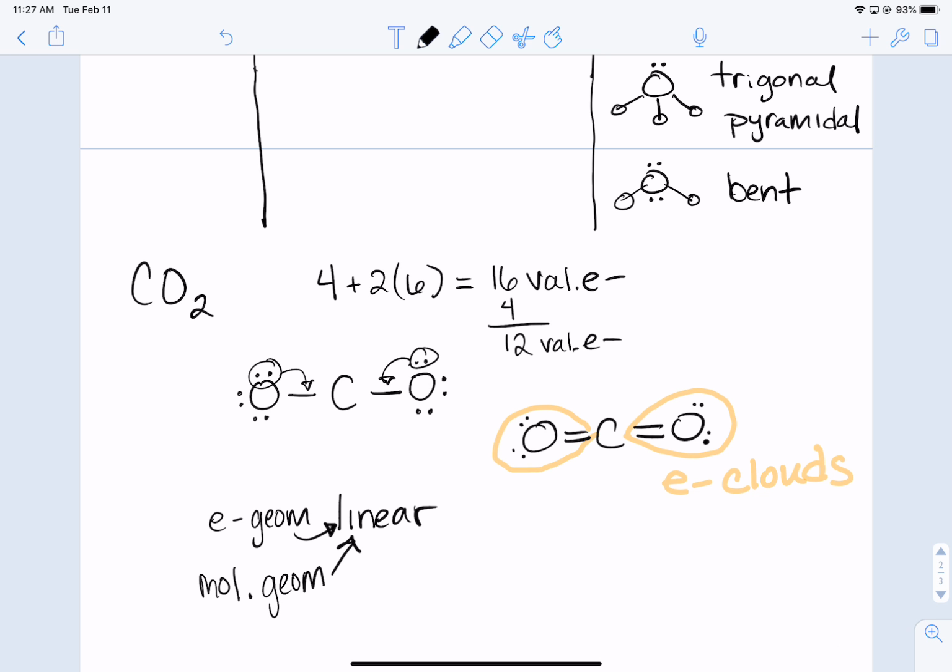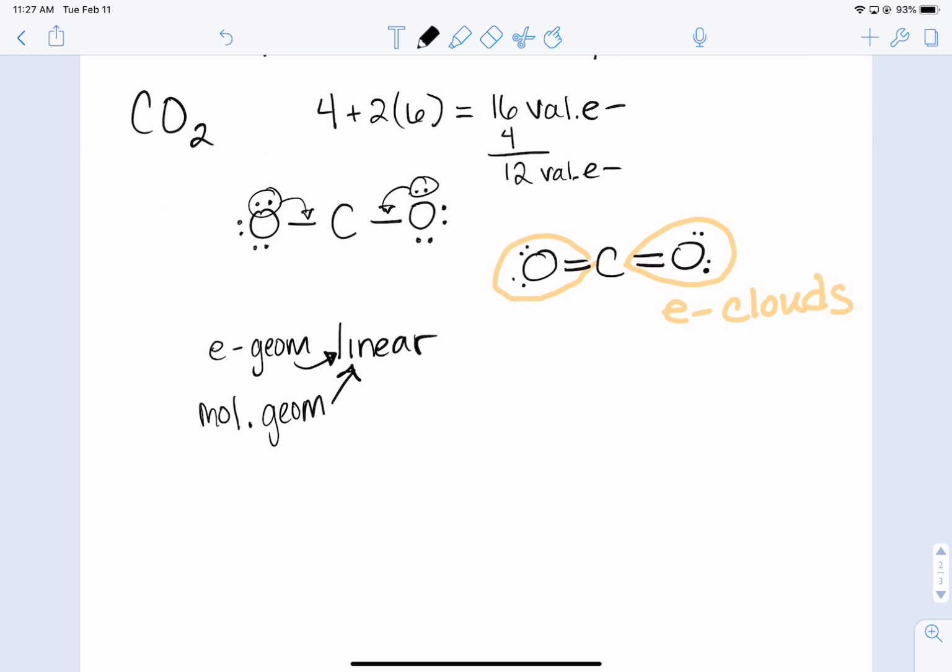The other example I want to give you is water. So we do a valence electron inventory first so we can draw our Lewis dot structure. We've got 2 hydrogens, each with 1 valence electron. Oxygen has 6, so we've got a total of 8 valence electrons we have to deal with.